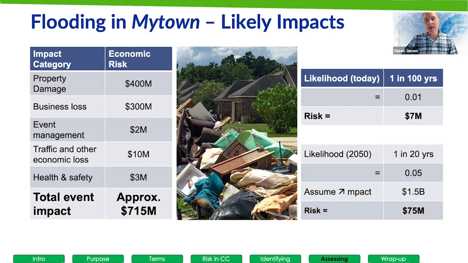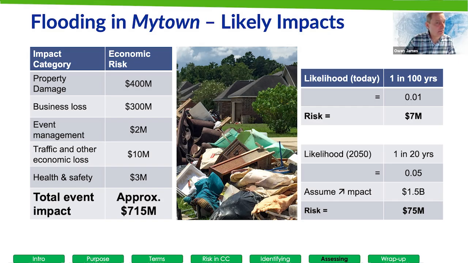So here's a case study about flooding. If this is the estimated impact today, over time, that impact will increase. So let's just walk through this very simply. We've got the sense of flooding, and we go, well, what happens if we have some sort of flooding event? Well, we know that there could be some property damage, $400 million worth.